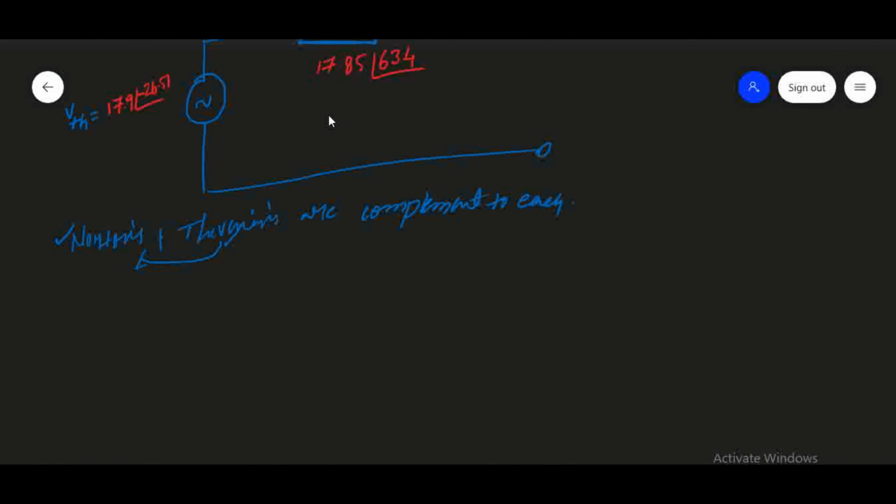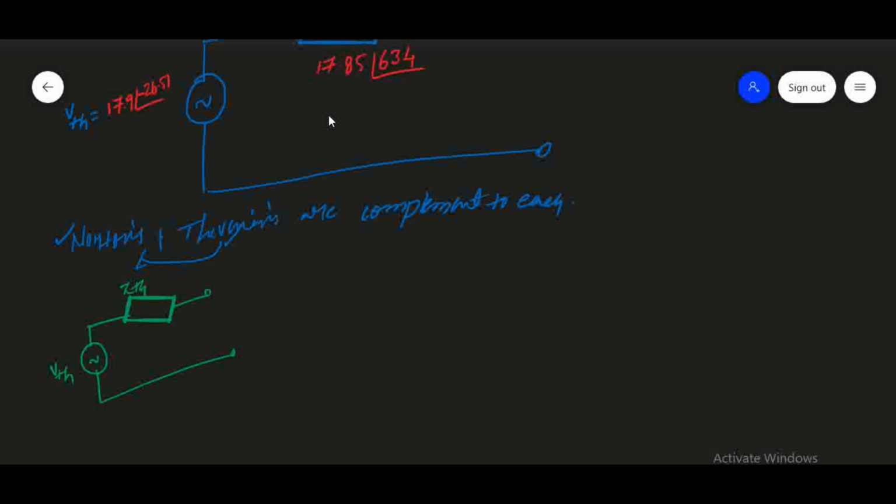A sample Thevenin circuit has some VTH and some ZTH. So this is your Thevenin's equivalent circuit.